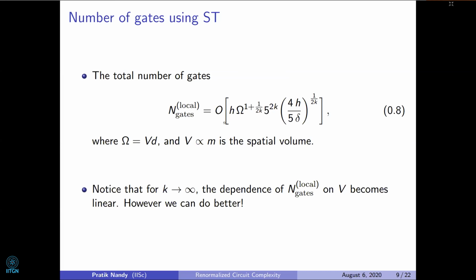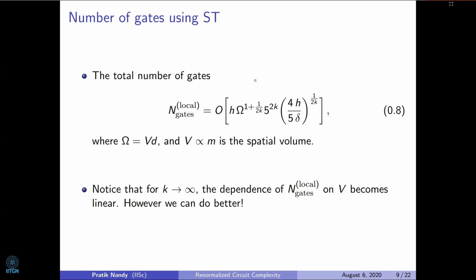The number of gates, which we define as the complexity, becomes linear. But there is also a problem, because this factor also blows up. So there is a competition between these two factors. If you plot the total number of gates, we see a minimum. So we want to optimize this total number of gates by this k factor.